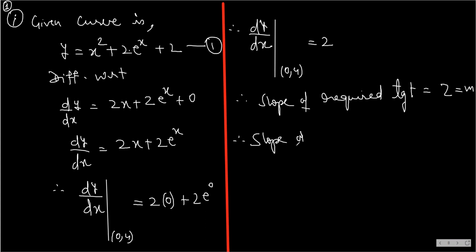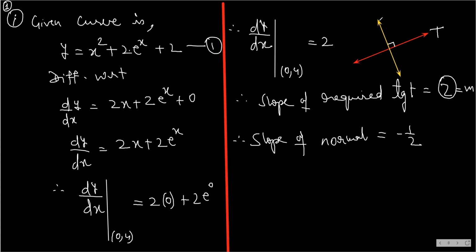Therefore slope of normal, as we all know that normal is perpendicular to tangent. So slope of normal is minus 1 by 2, the negative reciprocal of this. Why, students? Remember, because the tangent and the normal are perpendicular to each other.